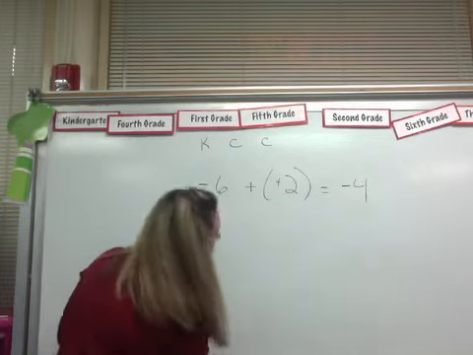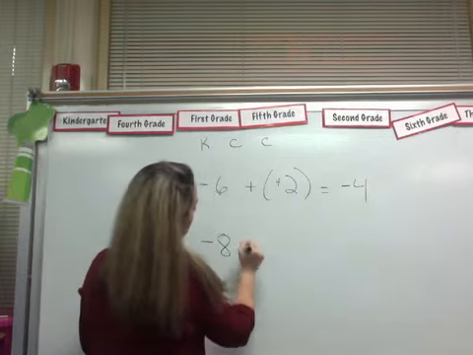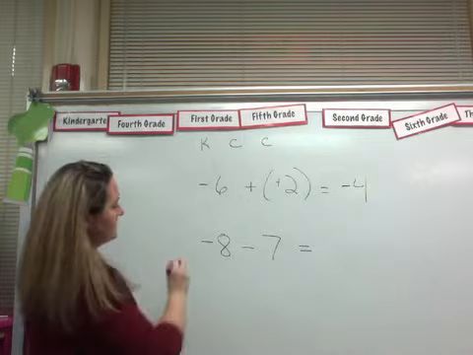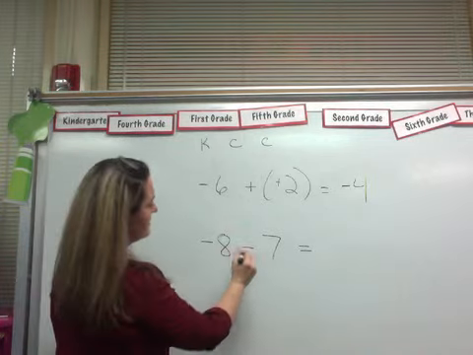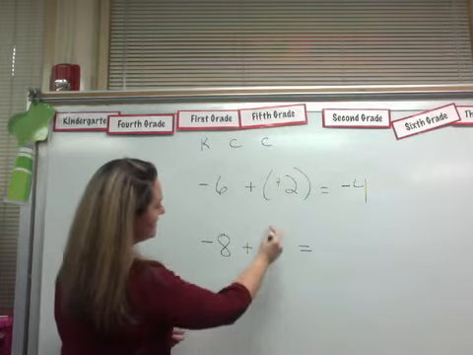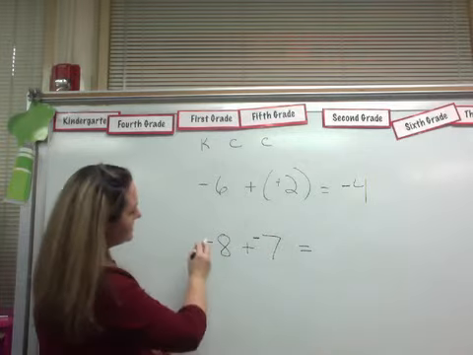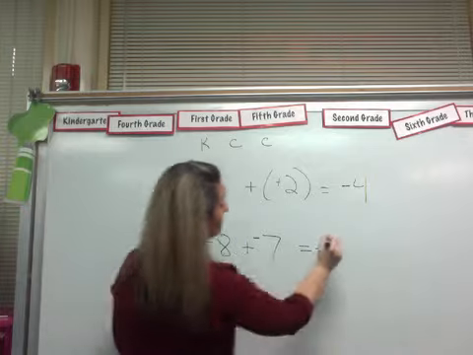A couple more. Negative 8 minus 7 is equal to... keep the negative 8, the process, minus, we're going to change it to a plus, and then change the positive 7 to a negative 7. So negative 8 plus negative 7. I'm adding two negatives, so just add them: 15.